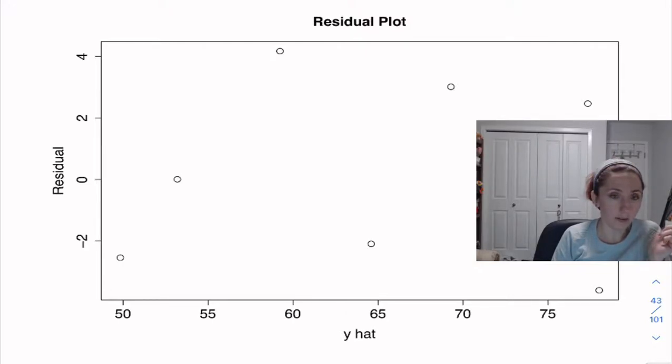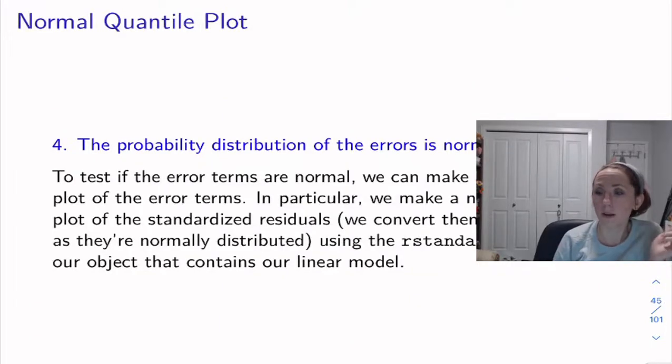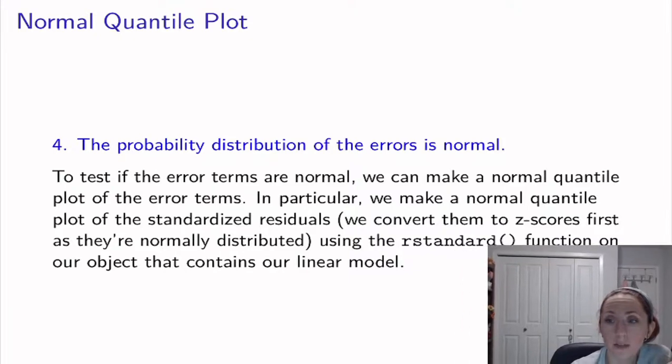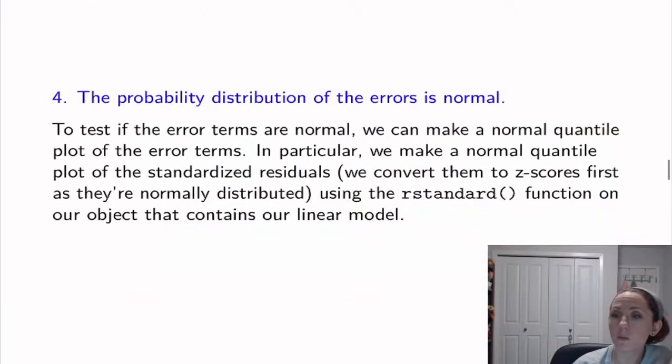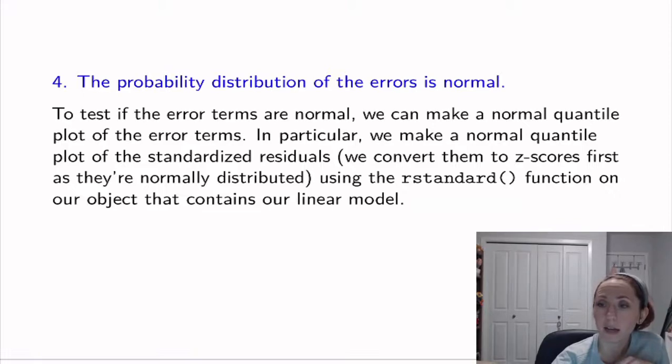Now, our next thing that we're going to look at is our plots for trying to decide whether or not we have normal error terms. So for these, we are going to look at what's called a normal quantile plot. We've seen these normal quantile plots before. What we're doing is we're putting in our data, and we're trying to see in the plot, do the points fall closely along the line?